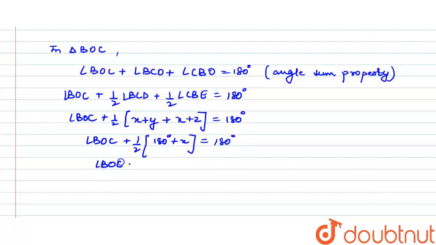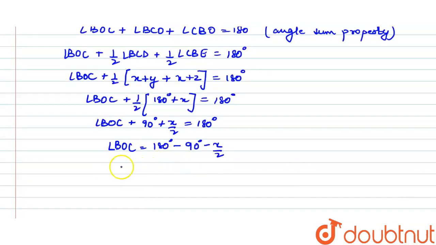So angle BOC plus half of 180 degrees, which is 90 degrees, plus X by 2 is equal to 180 degrees. We take the 90 degrees and X by 2 to the right-hand side, where they become negative on changing sides. So angle BOC is equal to 180 degrees minus 90 degrees minus X by 2, that is 90 degrees minus X by 2.